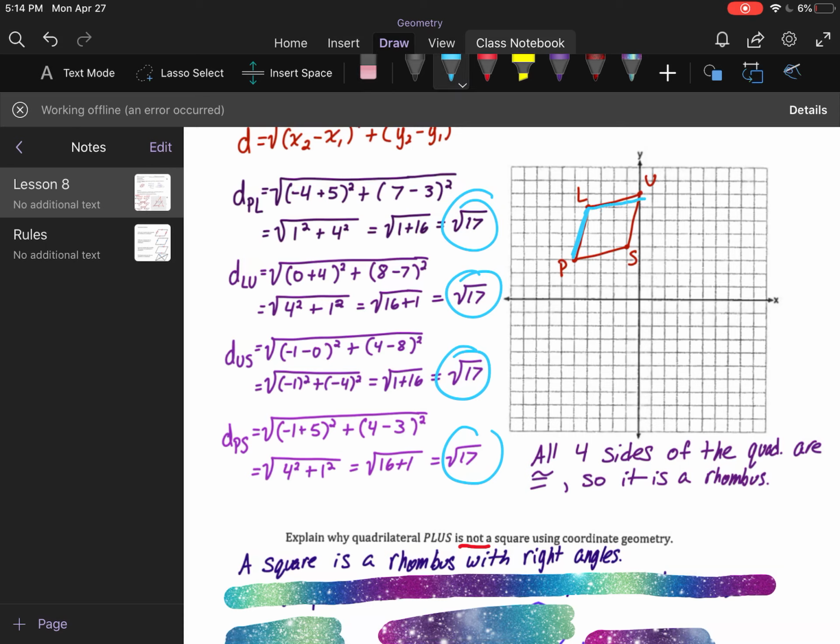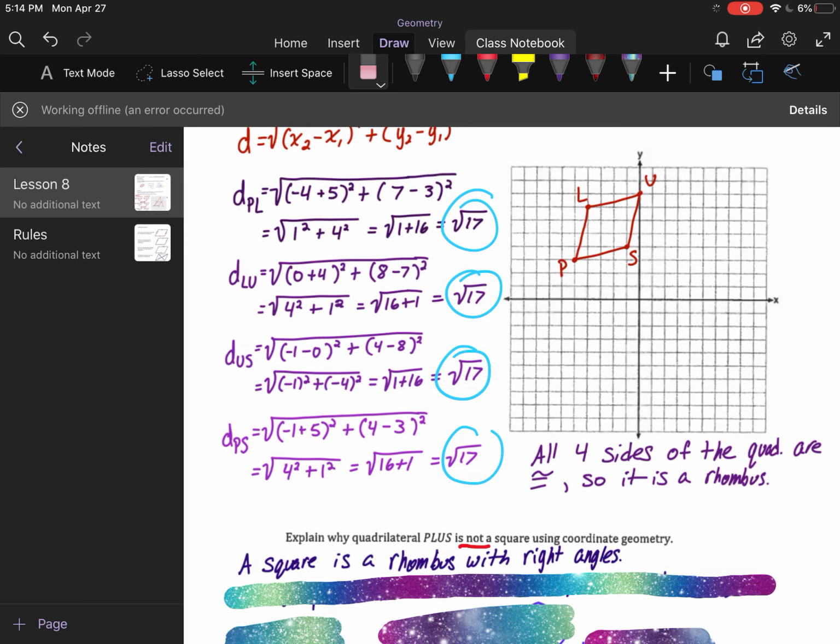So if you look at our picture right here, angle L, that's not a right angle. That doesn't look like a right angle, okay? It's definitely obtuse. And then angle P is acute. So we know those aren't going to be right angles, but we have to prove it.